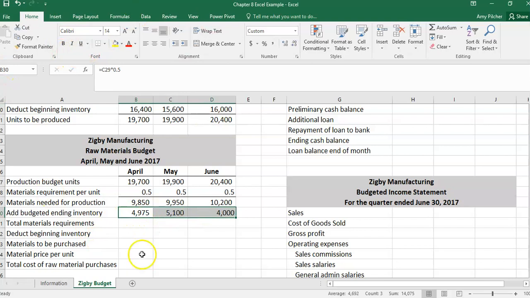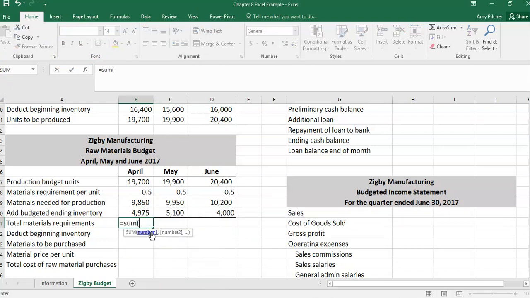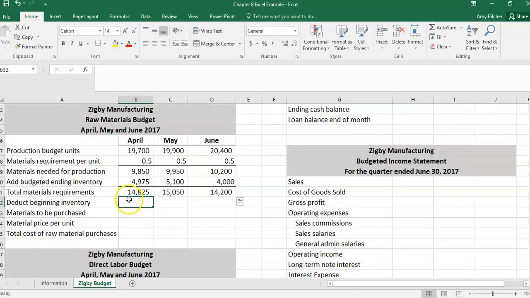We add our desired ending inventory plus the amount we need for production, and we get our total materials requirements for the month. We then deduct beginning inventory. So remember, it told us that on March 31st, we have 4,925 units.